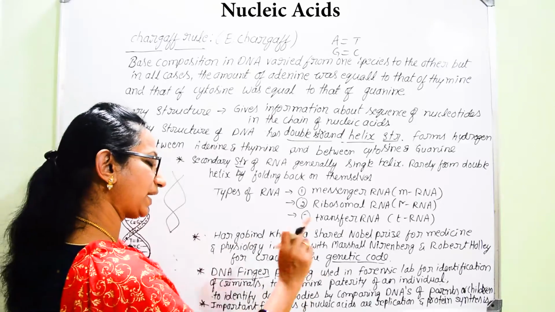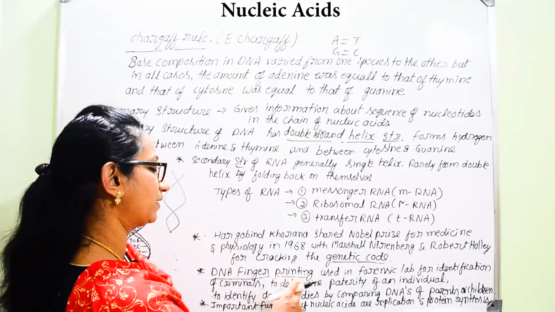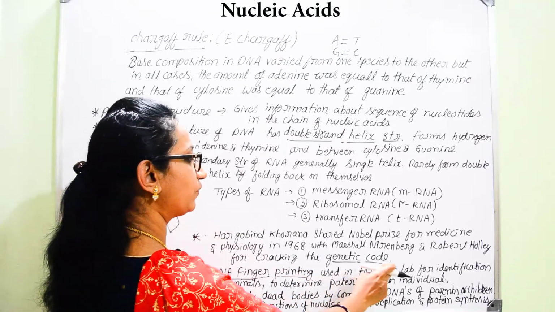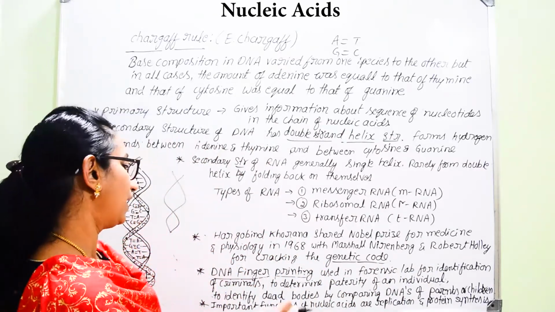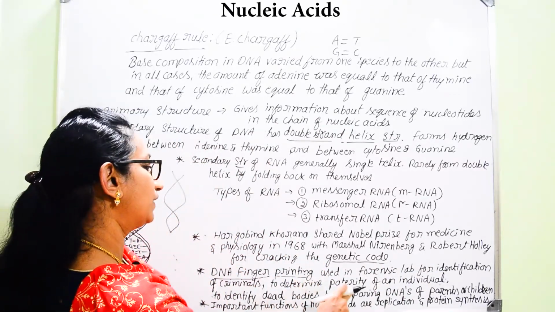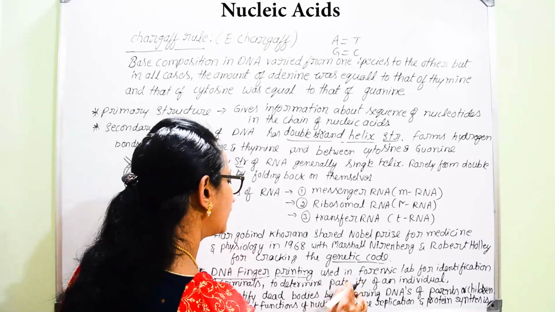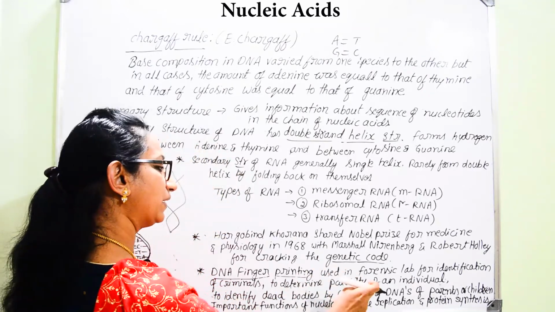Actually, what are the uses of DNA fingerprinting? With the help of DNA fingerprinting, it is very helpful in forensic labs for identifying criminals. And even for the determination of paternity, we can identify the parent of a particular individual.